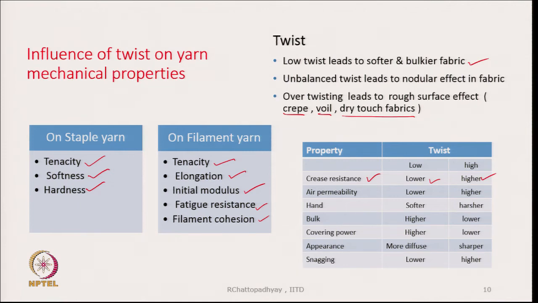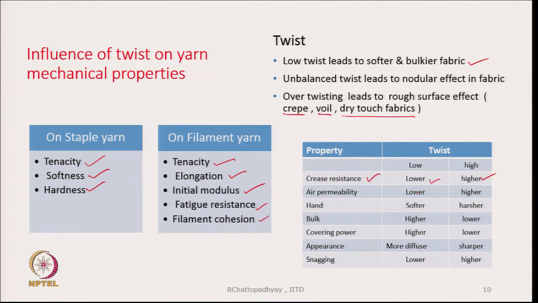So, crease resistance could be an interesting property of a fabric which will be affected by the twist. Air permeability also can be affected by twist, as well as hand value, bulkiness, covering power, appearance, and snagging. All these properties of a fabric will be influenced by twist, and we look at how low and high twist are going to affect them. Let us look at the hand value.